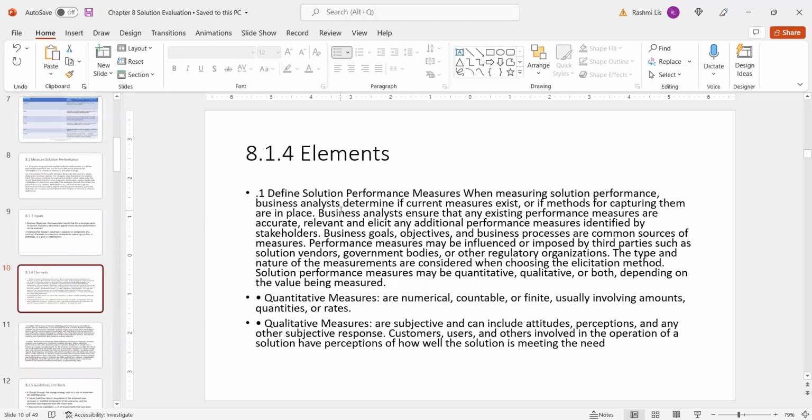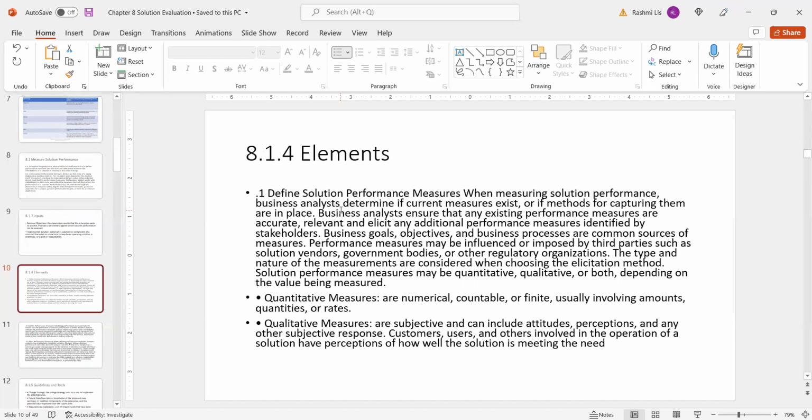Elements in this task are defined solution performance measures. When measuring solution performance, business analysts determine if current measures exist or if methods for capturing them are in place. Business analysts ensure that any existing performance measures are accurate, relevant, and elicit any additional performance measures identified by the stakeholders.